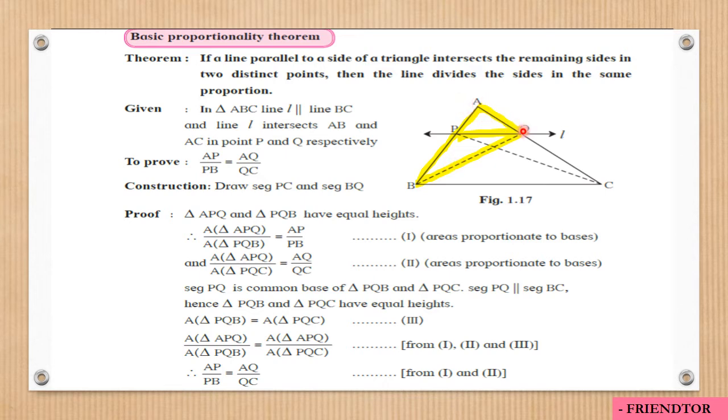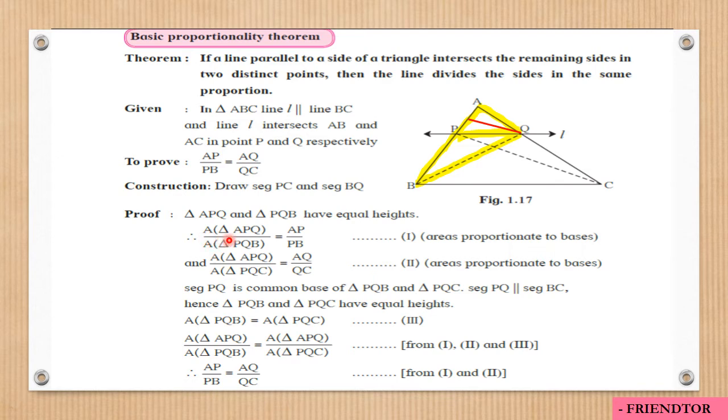So here if you observe, these triangles have equal heights. So let's draw that perpendicular. Okay, so this red line shows the perpendicular, and that is the height of APQ also and PQB also. So both the triangles have equal heights. Fine. So if 2 triangles have equal heights, then the ratio of their areas is the same as the ratio of their corresponding bases.